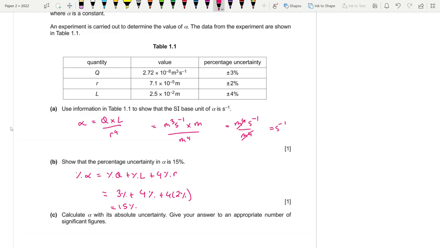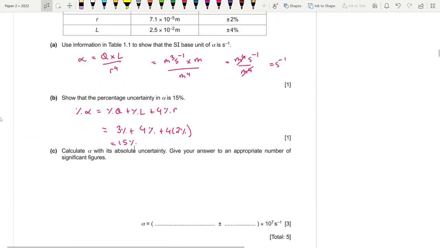Next, calculate alpha with its absolute uncertainty. Give your answer to an appropriate number of significant figures.